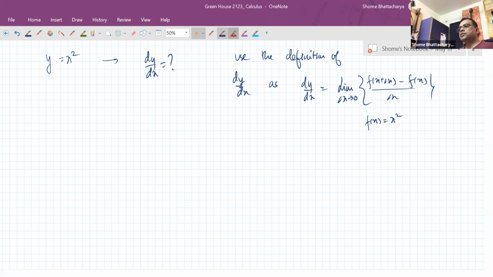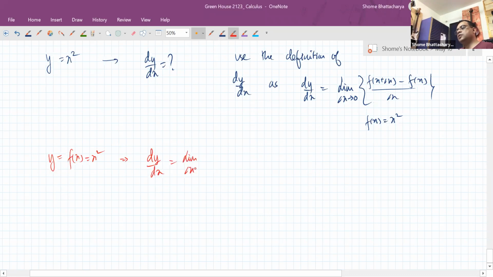Okay, so let's look at this. The function is x square. So the instantaneous rate of change should come by solving this definition or this condition. So substitute the function as the whole square function.